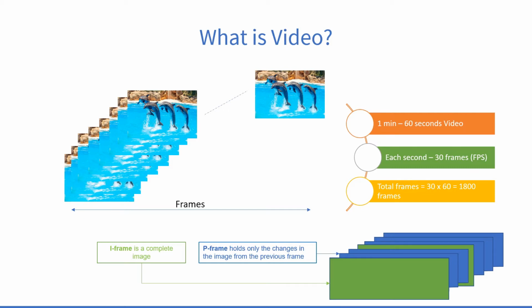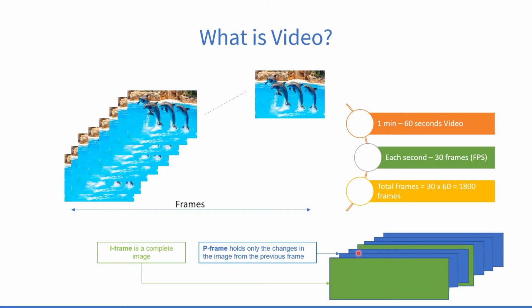Okay, it's interesting. So let's see here, the green color is called an I-frame. An I-frame is a complete image, and the consequent frames they will call P-frames. So the P-frames hold only the changes in the image from the previous frame. So if you have one complete image and very minimal information about the changes from the I-frame, in this way you can reduce the P-frame information, because you have very small changes.